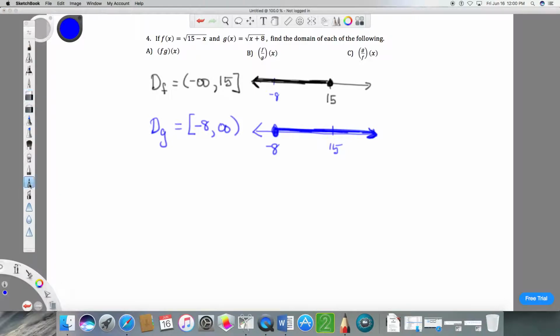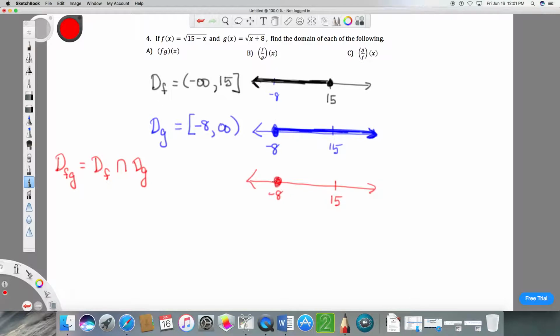So the domain of this new function that you get through multiplying f and g together is the domain of f intersected with the domain of g. That might be found easiest by making a quick sketch, recognizing that our points of interest are negative 8 and positive 15, and negative 8 in each of these is shaded.